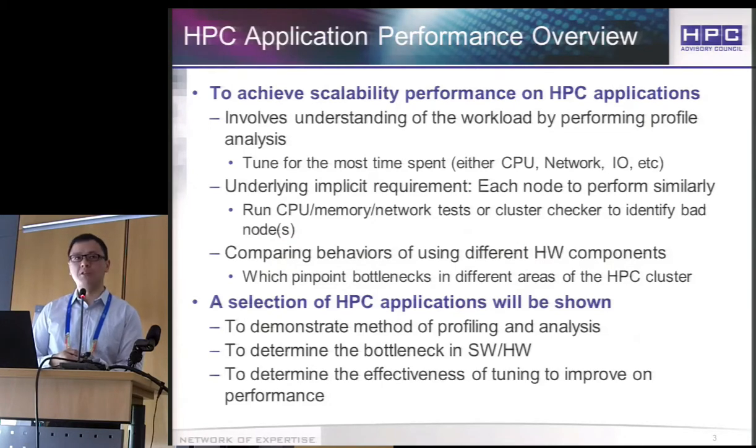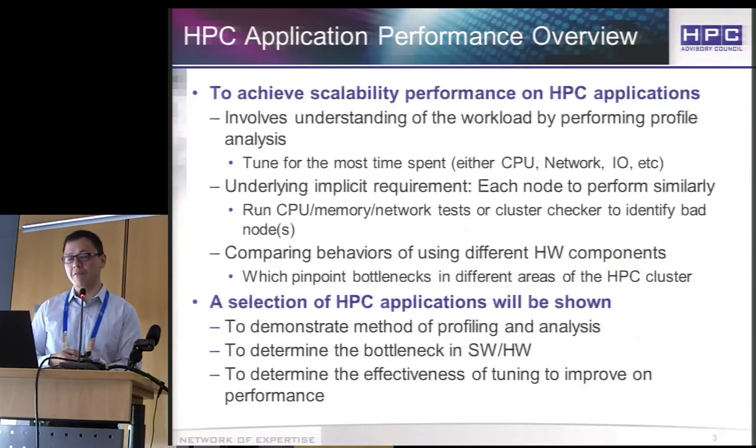And the second point I put out is that we need to make sure that the nodes are performing similarly, because in an HPC environment, when a node imbalance happens on one node, it would cause the rest of the nodes to stall and wait for that node to complete. So it's significant to make sure it's not just the node imbalance in the application, but also that the underlying individual systems in each of the nodes of the cluster are performing equally, so that you don't have one of the nodes running faster while the rest are running slower.